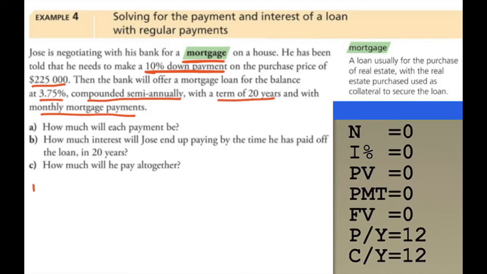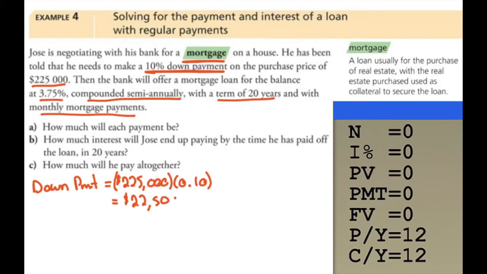So we need to first work out his down payment, which will be the $225,000 purchase price times 0.10 for 10%. Working that out leaves Jose with a down payment of $22,500, meaning he needs to have that much money in his bank account before the bank will consider giving him a mortgage.